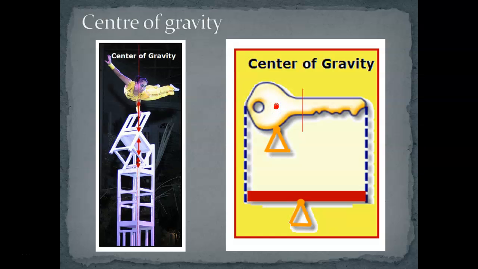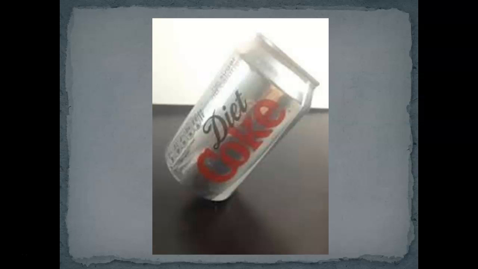So, a little experiment for you guys to try. Try taking a pop can and balancing on its edge. Now, I've seen people even do this on the edge of glasses and whatnot, a little bit more complex, but essentially what you're doing is you're having this. You're going to have just a little bit of liquid in here so that the center of gravity winds up being just above this base.